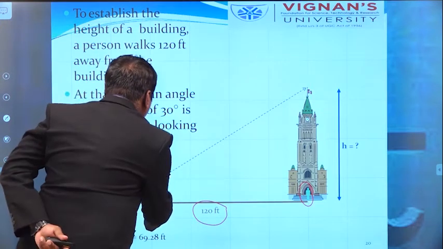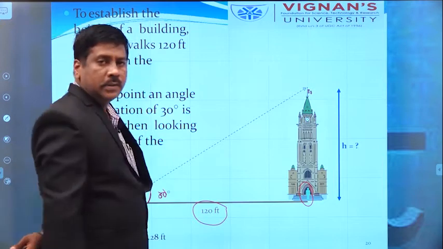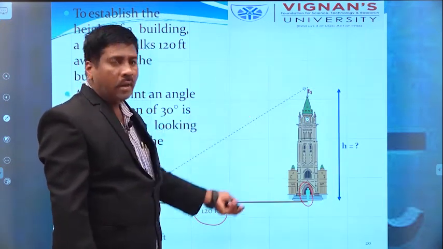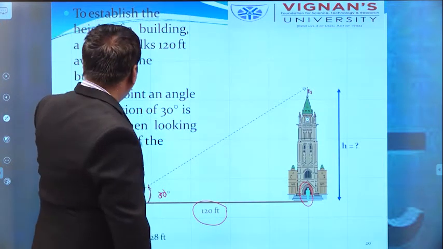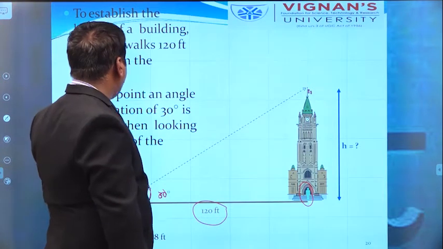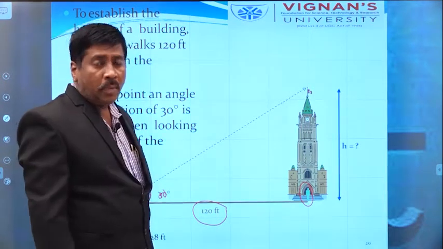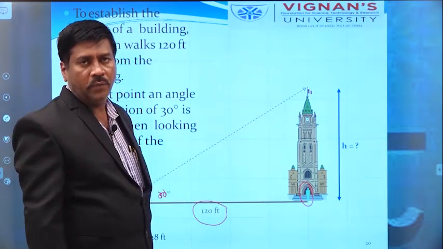Then we assume the angle is 30 degrees. By using that, we have to estimate the height of the tower. So at that point, an angle of elevation of 30 degrees is formed when looking at the top of a building. By using these conditions, we have to find the height of the tower.